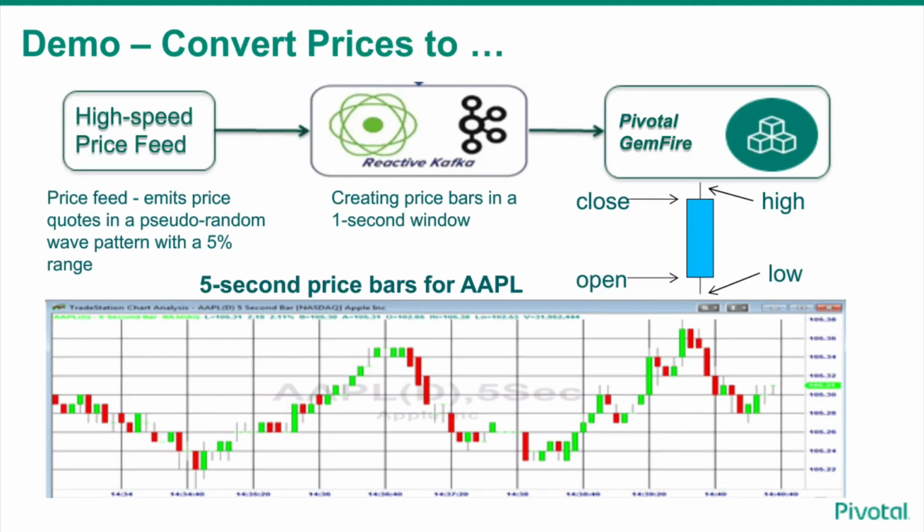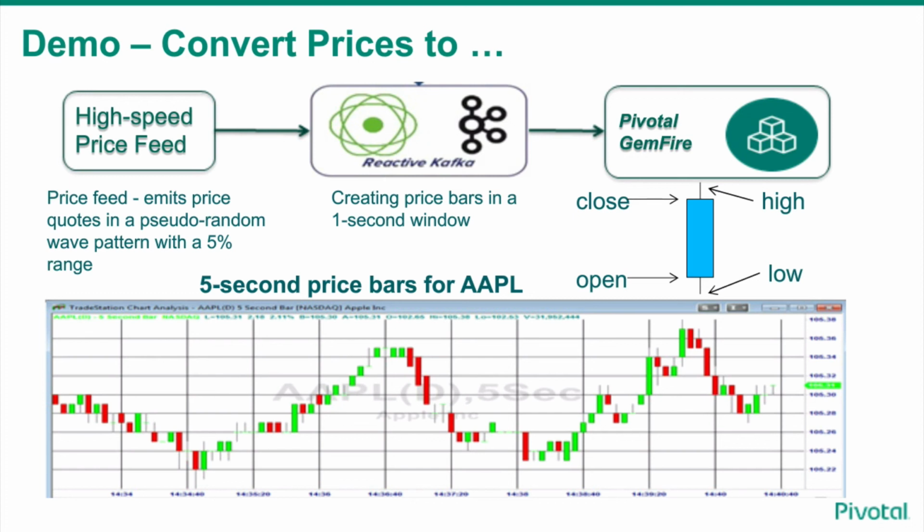So before the demo, what is a price bar? Well, in my price feeder, I'm going to be emitting price quotes very, very rapidly in a pseudo-wave fashion. And a price bar captures all the prices or quotes that occurred within a 1-second window.